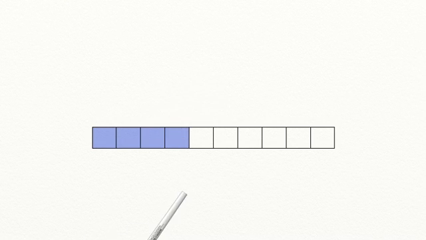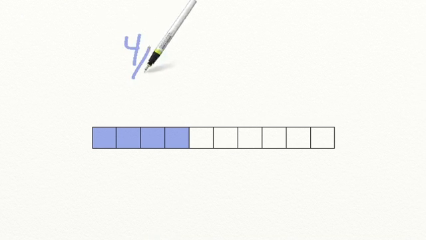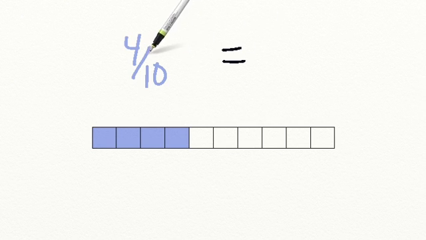Okay, so our drawing, our fraction bar, is representing 4/10. So let's say that instead of making smaller pieces or more pieces like we've previously done, we want to find an equivalent fraction that has less pieces. So instead of tenths, we're going to go ahead and split each of these into fifths.